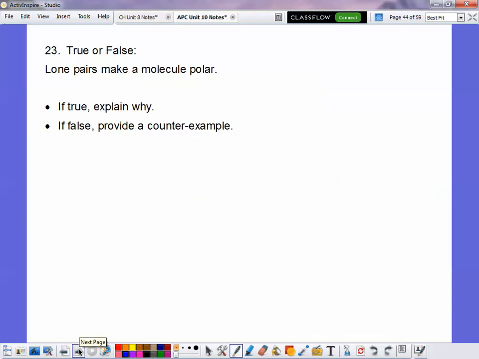My next question is, lone pairs make a molecule polar, true or false? And back in first year chem, you would say the answer to this is true. But now we know of a few exceptions in which lone pairs actually do not make the molecule polar. So this is false. This is not always true.